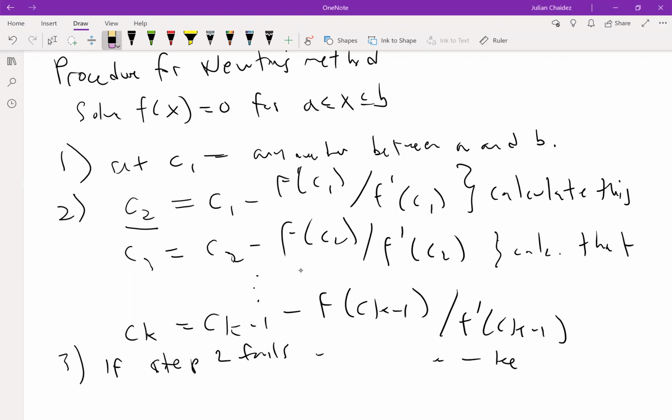So if step 2 fails, let me just write this again. What I was saying before is if step 2 fails, then Newton's method... Let me say it this way.